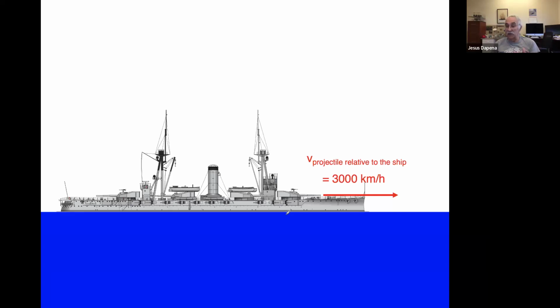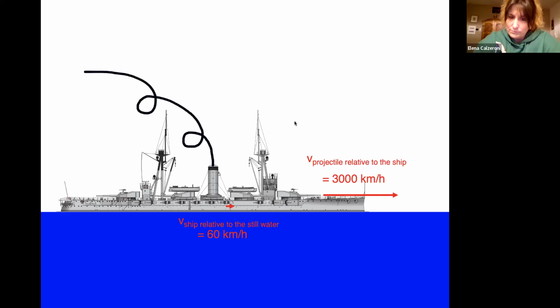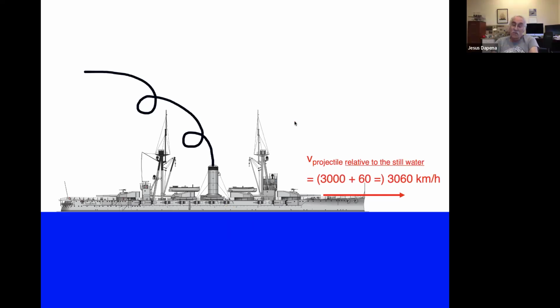But let's say now that the ship is traveling forward, with a forward speed of, let's say, 60 kilometers per hour. In that case, the speed of the projectile relative to the ship is 3,000 kilometers per hour, but relative to the still water or relative to the land, it's the sum of 3,000 kilometers per hour plus 60. So it's not a big improvement, but it is a little bit more speed when the ship is traveling forward when it shoots the cannon.